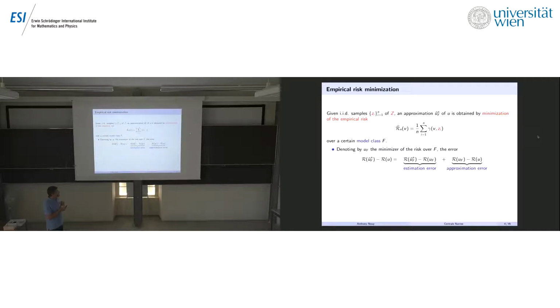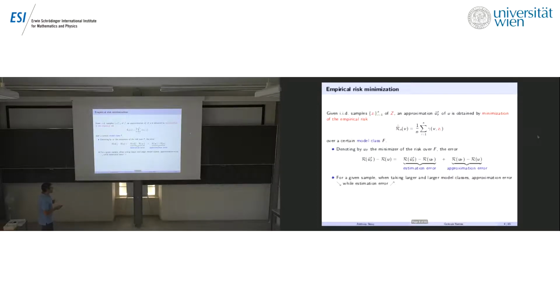An estimation part, which gives you the difference between the risk associated with the approximation you have constructed by minimizing this, and the risk associated to the best you can expect from your model class. The second part is the approximation error, which is the difference between the risk associated with the target and the risk associated with the best you can expect from your model class by minimizing the risk.